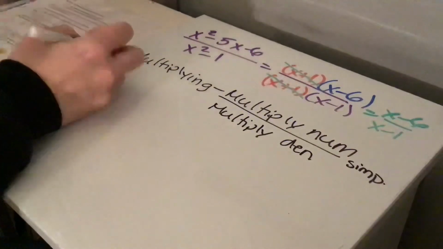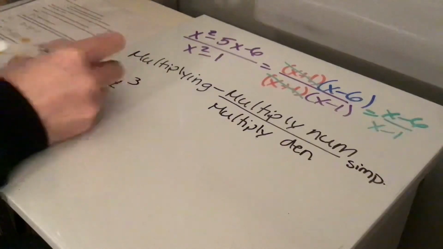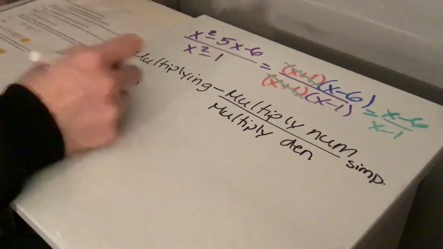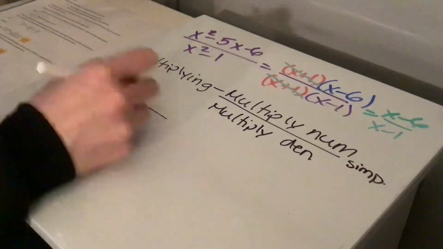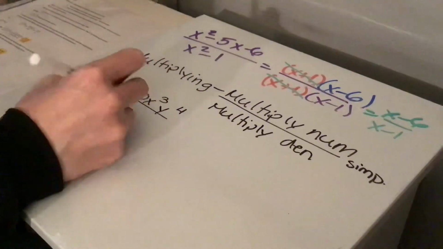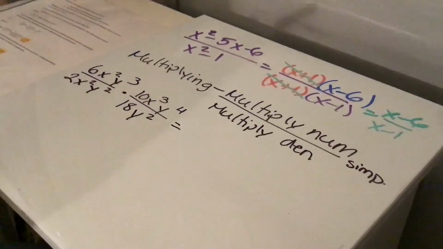So we want to multiply 6x squared y cubed over 2x squared y squared, that's one rational expression, times 10x to the third, y to the fourth, divided by 18y squared. I am going to just multiply across. When I multiply, I'm going to gather my like terms.